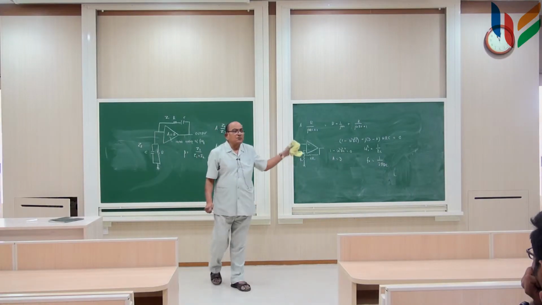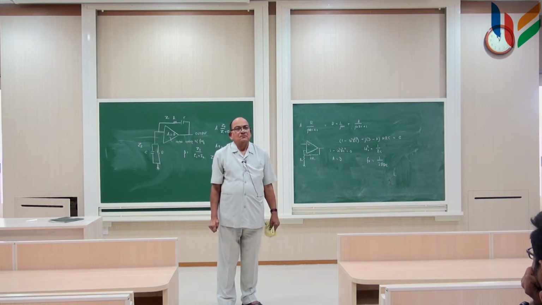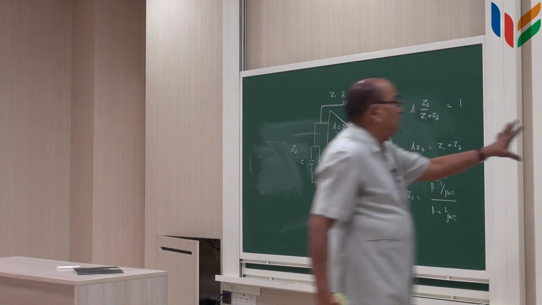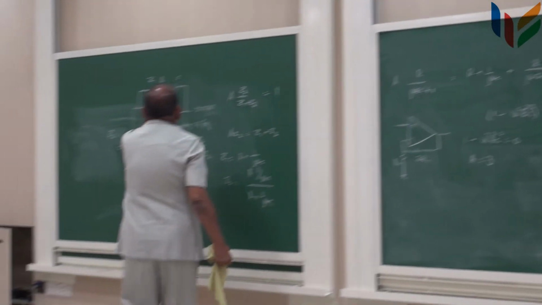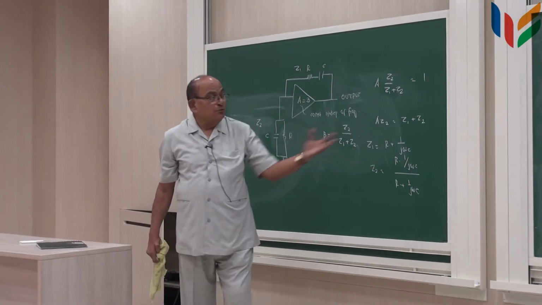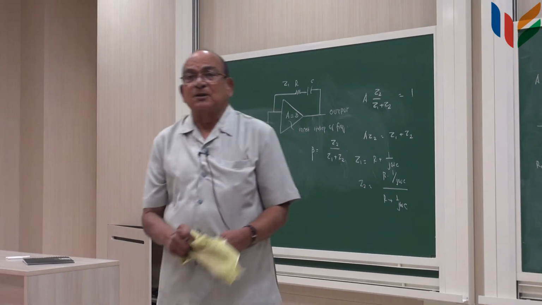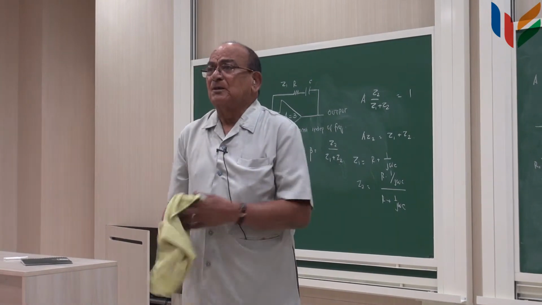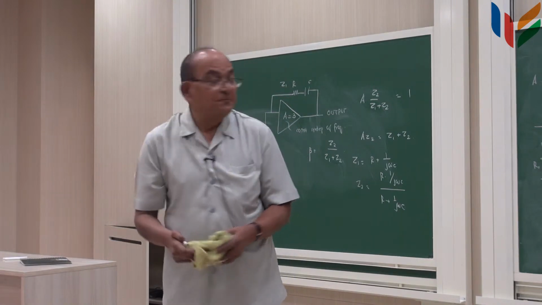Then the gain of this amplifier is equal to 3. So, this box, you plug it in here. So, this is how you make a simple Wien-Bridge oscillator using an operational amplifier, which you will do in the laboratory in the next experiment. This is a Wien-Bridge oscillator.